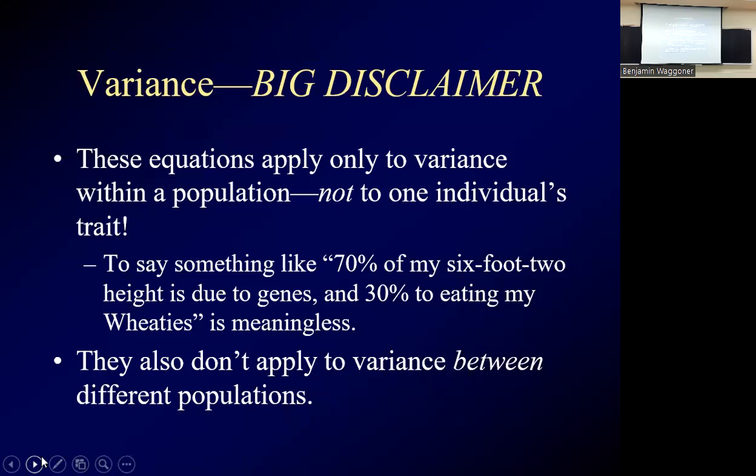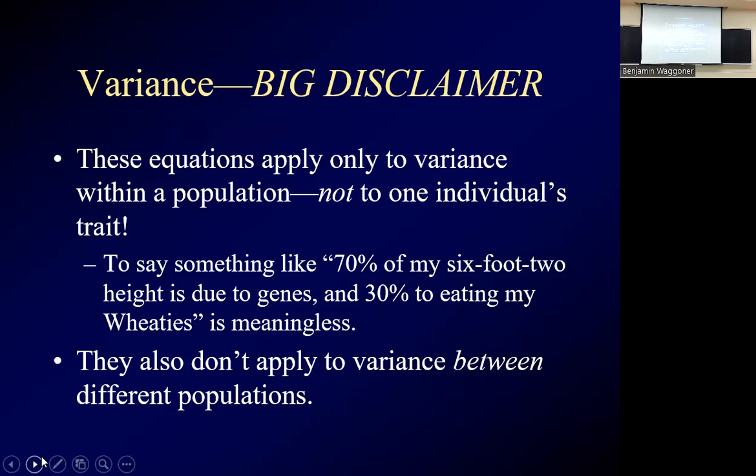Okay, again, these apply only to variance within a population, and they don't apply to individual traits at all. You'll sometimes hear people say that 70% of your height is due to genes. That's meaningless. 100% of your height is due to genes and to the environment, because you can't disentangle them that way.